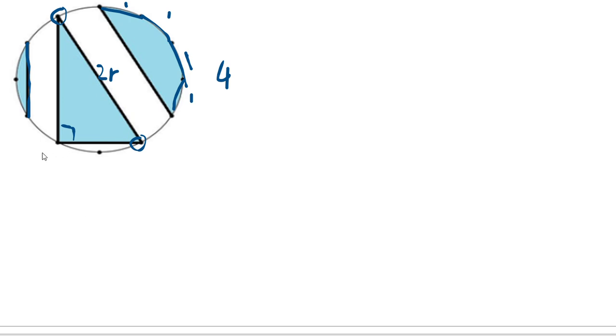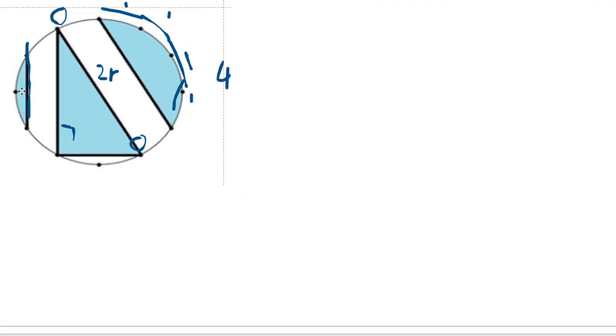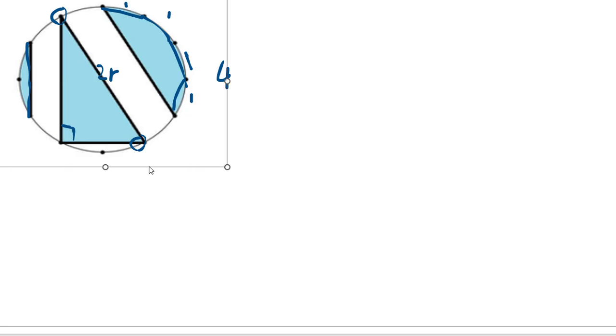So we can obviously say that these 2 lines are parallel to each other. Great. So now what can we do?